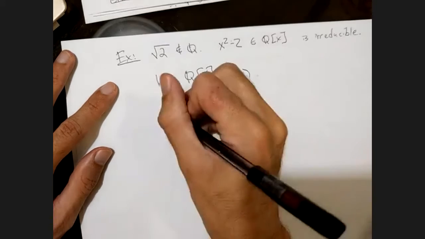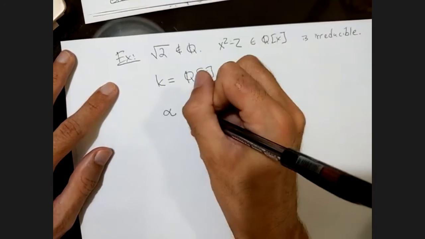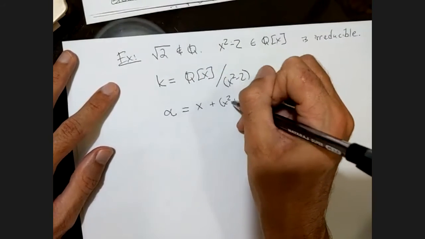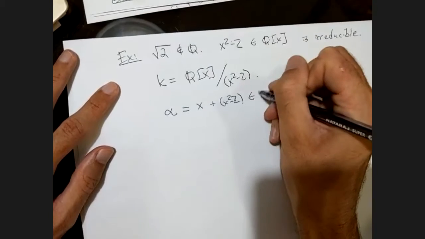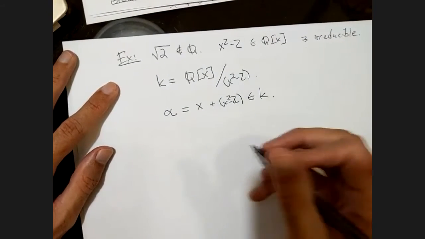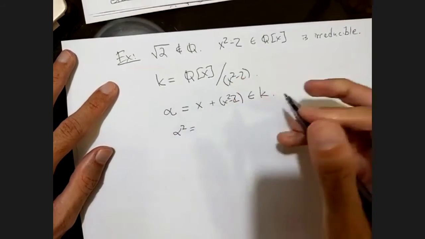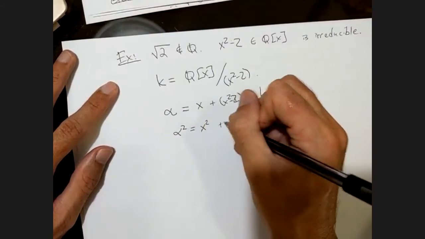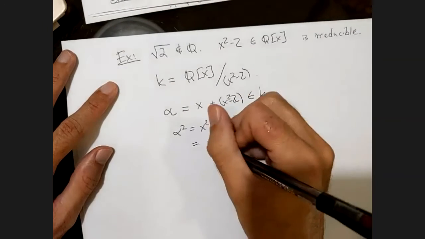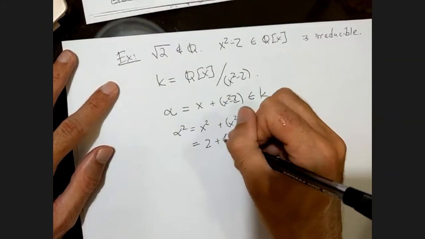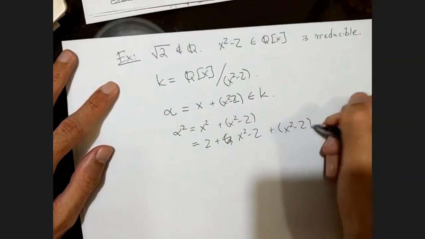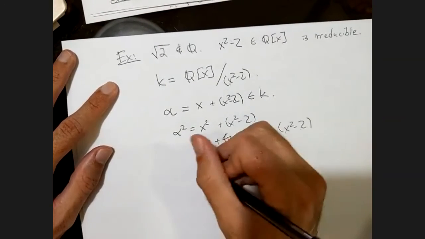And then if you call alpha the coset of x, this is an element of K. One thing you see is that alpha squared is the coset of x squared, which is just 2 plus the coset of x squared minus 2. But this term is in the coset, so this is just the same as 2.